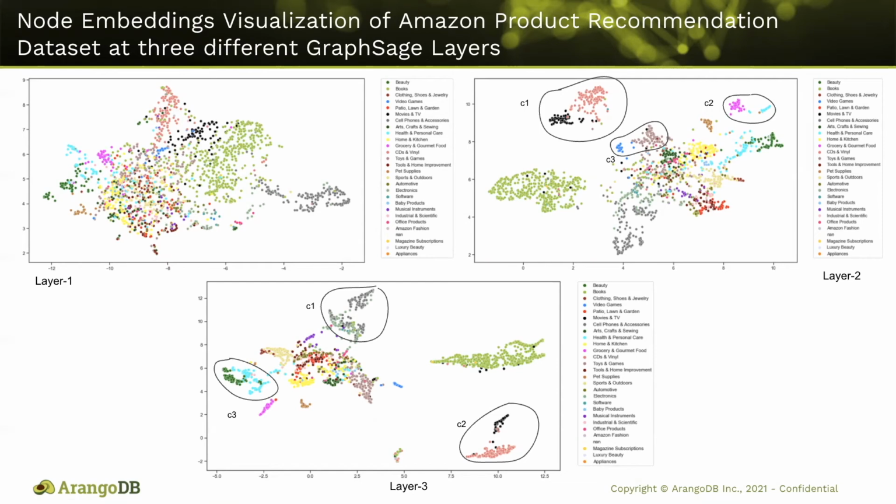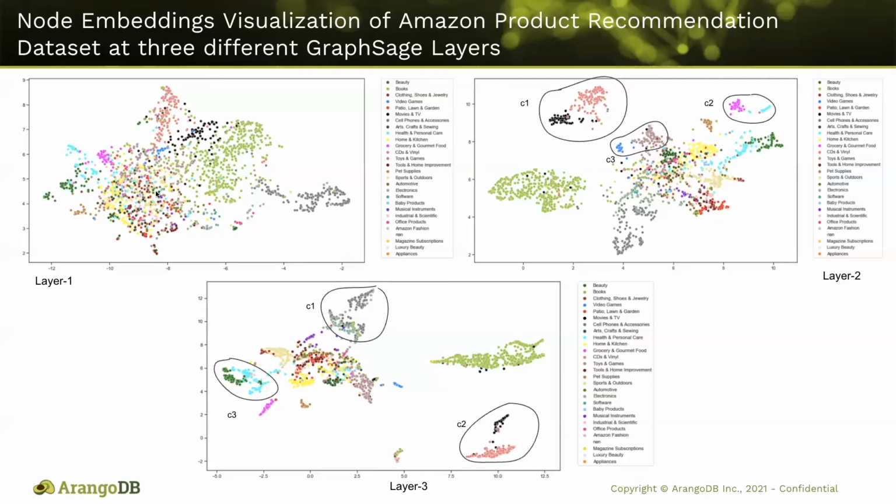The node embeddings visualization at layer 1 shows that the model is not able to separate the product categories well, as the embeddings of different product categories are very close together. Therefore, we cannot predict or estimate with a high probability which 2 products can be bought together in the future, or if someone buys one product, which other product he or she might also be interested in.